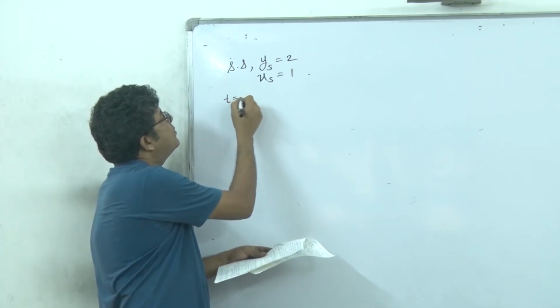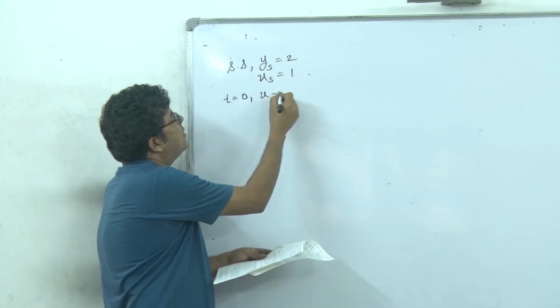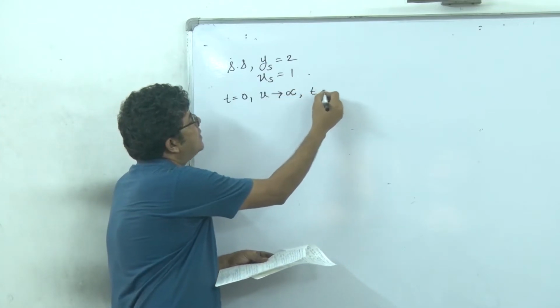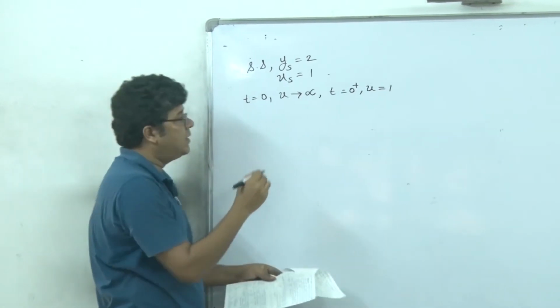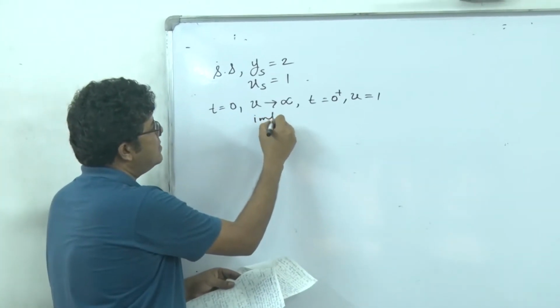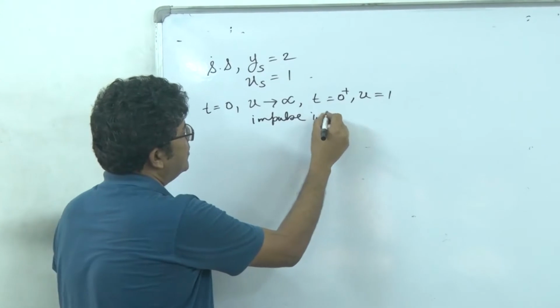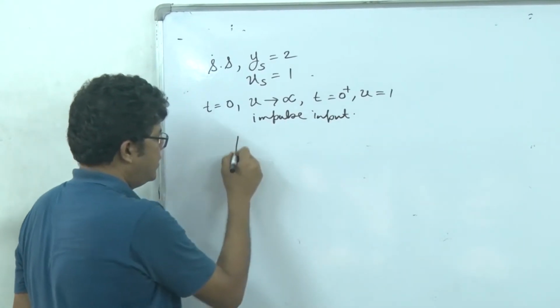So at t equal to 0, input grows to infinity, at t equal to 0 plus, u is again 1. So it is typically impulse input, right?